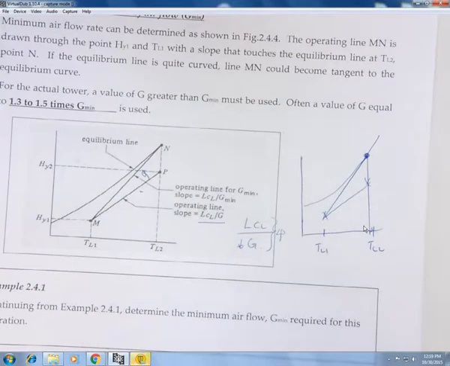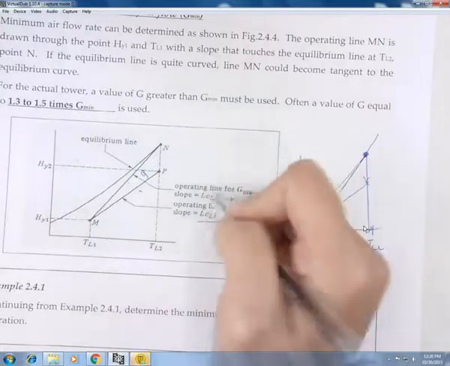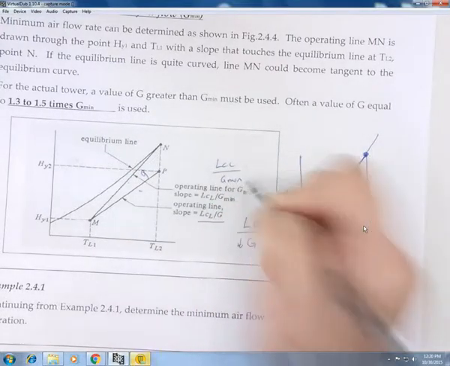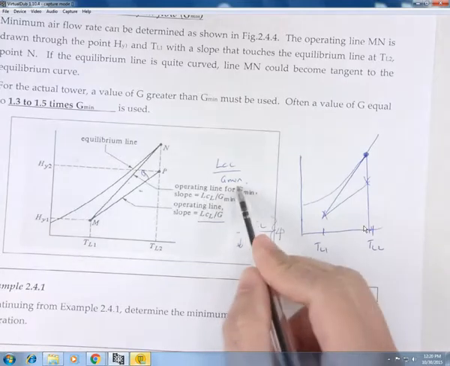So the way to solve this is the same as the previous. We're just going to equate the gradient. This new gradient is now L Cl over G minimum because we are reducing the G until the minimum value.